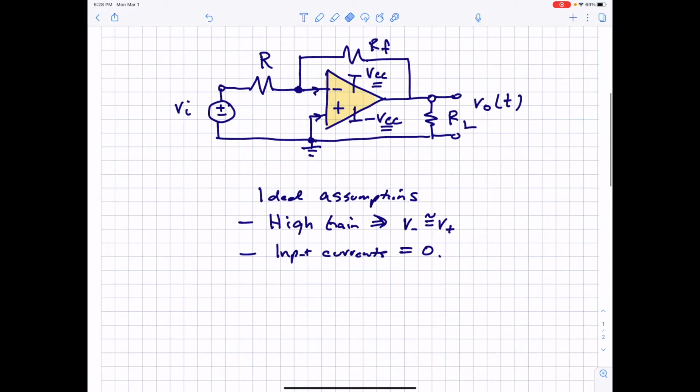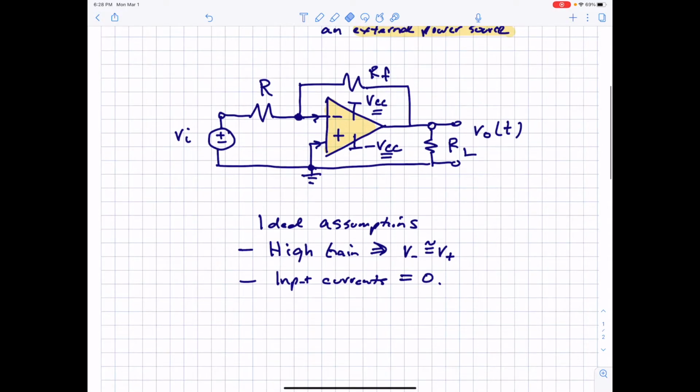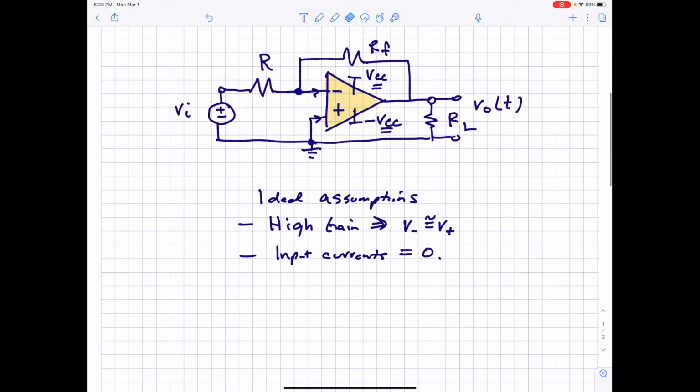The other thing that we do is we assume that the input currents coming into the triangle part representing this op amp circuit are zero, because it has high impedance and so it effectively blocks any current coming in. With those assumptions, you can analyze an op amp circuit relatively easily by just looking at the proper set of node voltages.